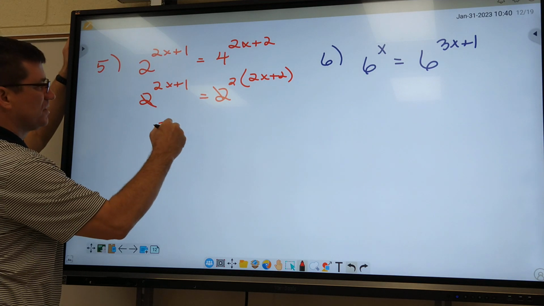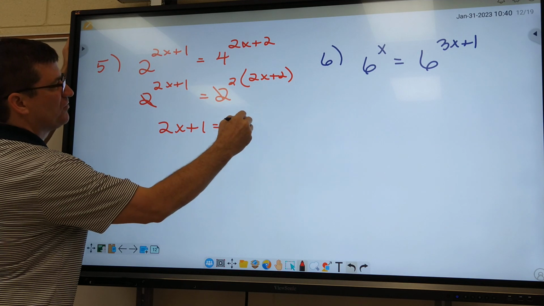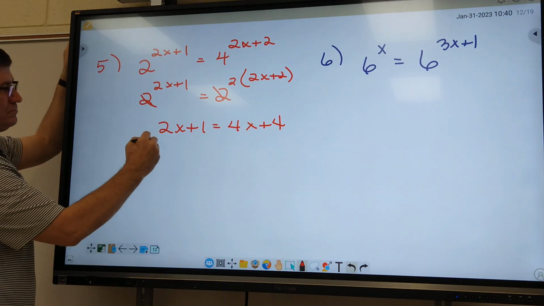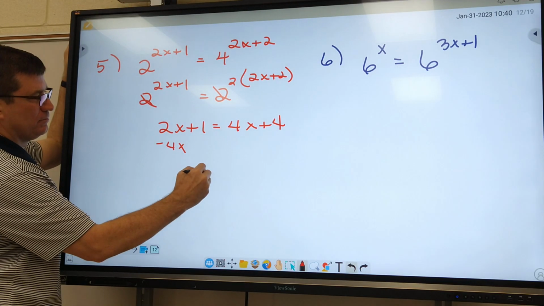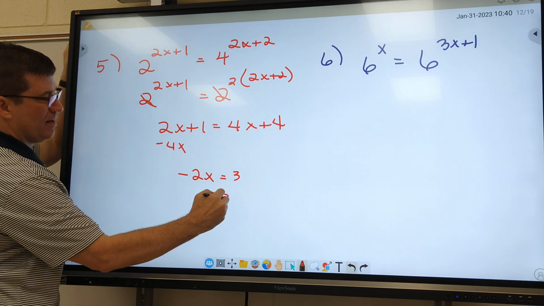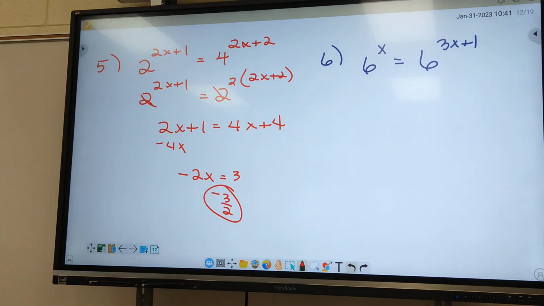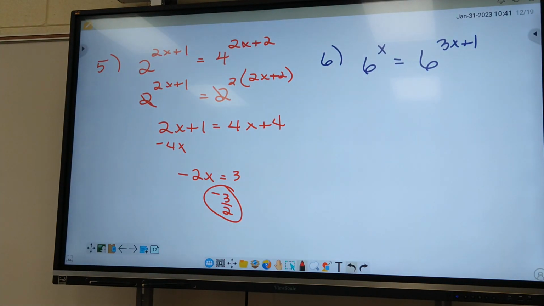Mark out my 2's. I got 2x plus 1 equals 4x plus 4. I got -3 over 2 on that one. All right, try 6. 6 is already set up where you can go ahead and mark out your 6's on that one, so it shouldn't be tough.